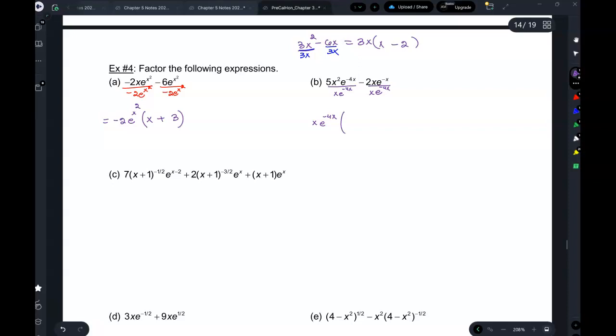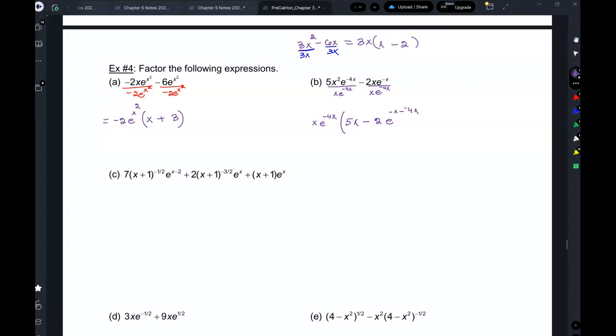Okay, so from the first term, 5x squared over x, I get 5x. E to the negative 4x divided by e to the negative 4x is just the 1, so we're done with that. Minus, here I get a 2. Now, e to the negative x minus negative 4x.